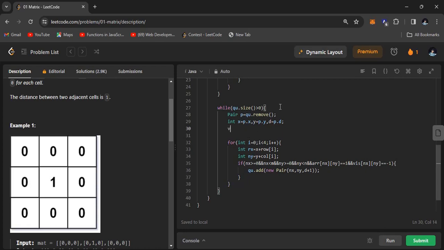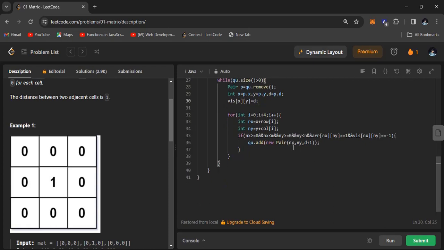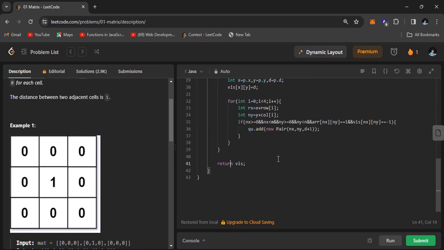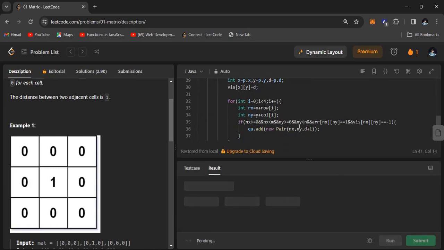The answer array is visited, so the visited of x y will be d, that means this x y is at d distance, so your answer will be visited, so return visited. I think this code should run. Okay, all is good.